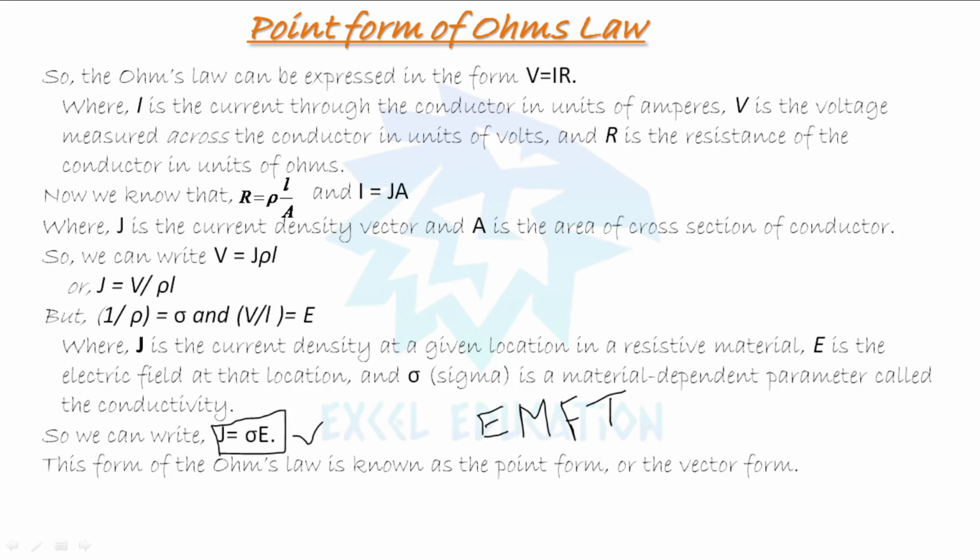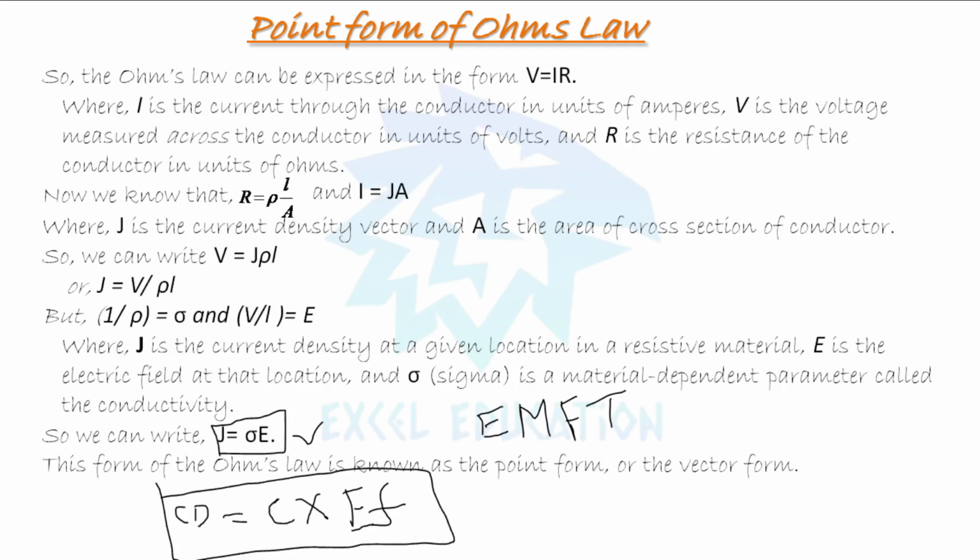Just remember for now that J, the current density, is equal to sigma, the conductivity, into E, the electric field. Conductivity into electric field. This form is known as the point form of Ohm's law.